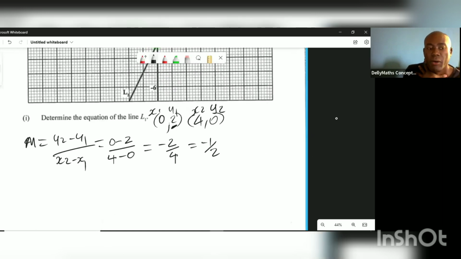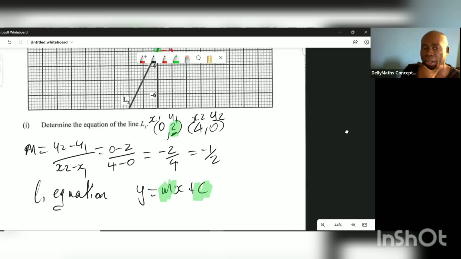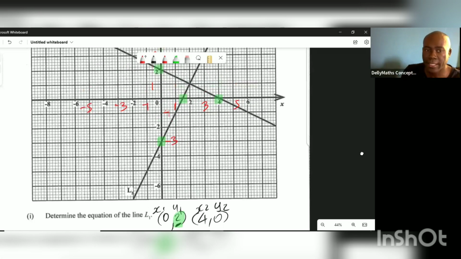So then the equation of L1 in the form y is equal to mx plus c. I definitely have my m, which is my gradient here, and my c is right here, because you're looking at it, it crosses the y-axis at 2.